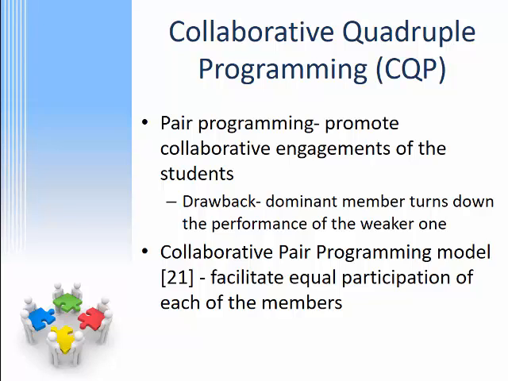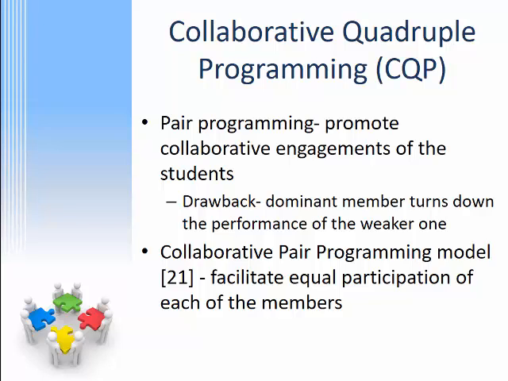There are many instances of applying the pair programming model in classrooms. However, a major drawback of this model is that the dominant student turns down the performance of the weaker one.